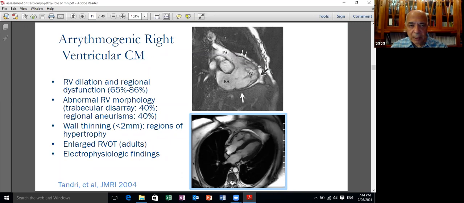So we rely essentially on abnormalities in the right ventricular morphology, the presence of areas of dyskinesia, the presence of right ventricular dilatation, and you know that this is autosomal dominant in Naxos and Carvajal. You have an autosomal recessive form with woolly hair and palmoplantar hyperkeratosis.